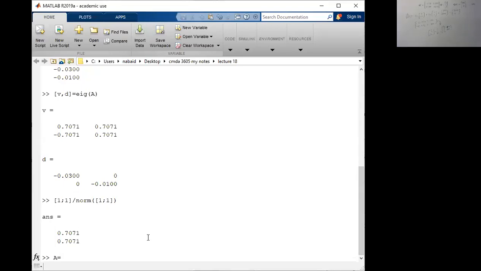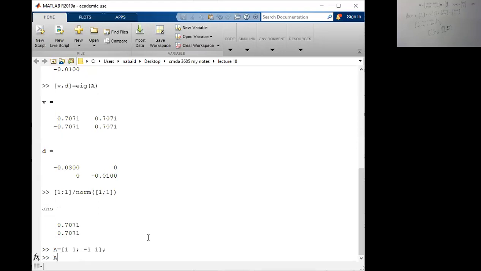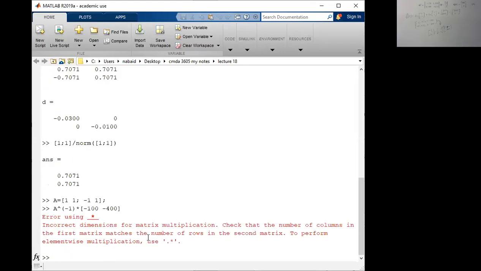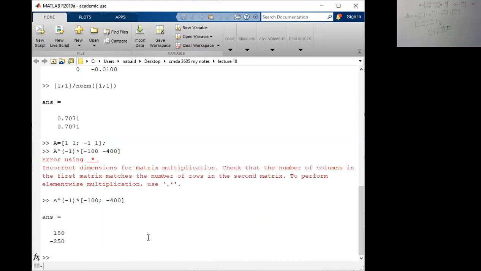Let's call our A now (1, 1; -1, 1). Let's do A inverse times (-100, -400), and a semicolon, cool. And so I get that C1 should be 150 and C2 should be minus 250.